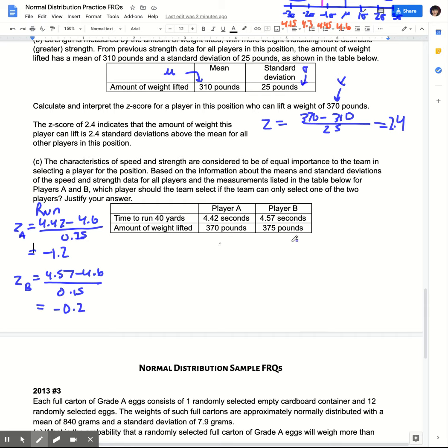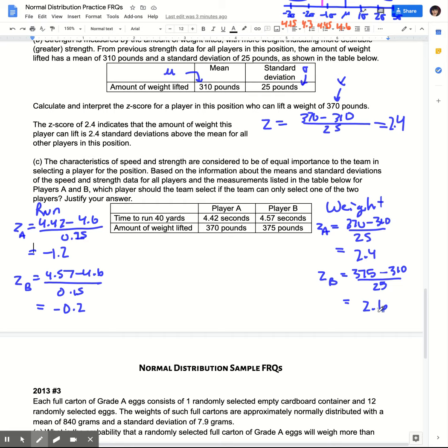Okay, for the weight, the z-score for player A is 370 minus 310 over 25, so that number is 2.4. The z-score for player B is 375 minus 310 over 25, which is 2.6.